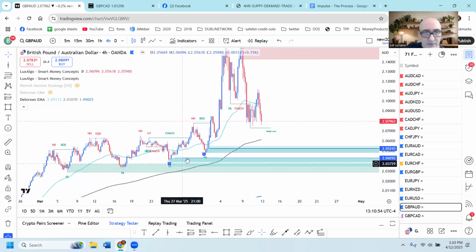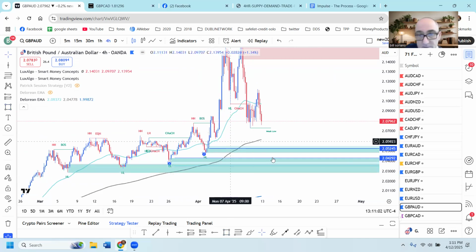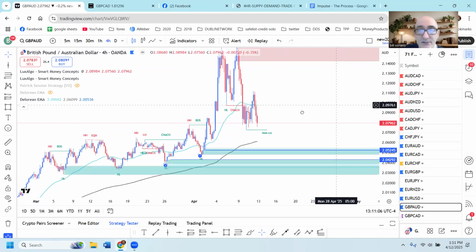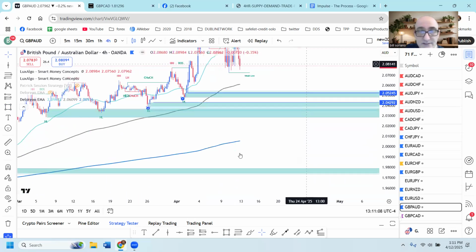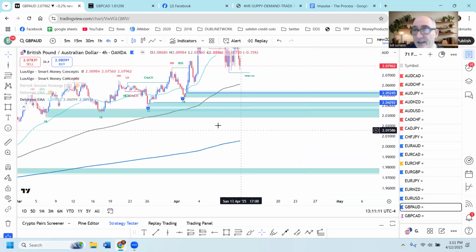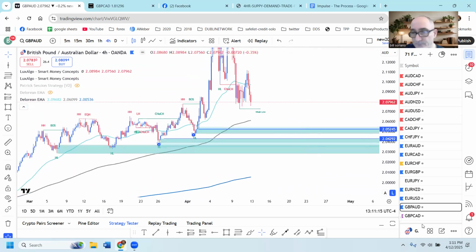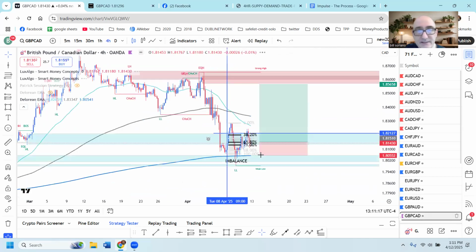And again, we have a zone also highlighted down below there. We should probably just highlight this whole area here as well because price could come through that one zone and into this big area down here. And as long as it stays above this 800 EMA here, we're still looking to trade it bullish. GBP CAD, same thing.